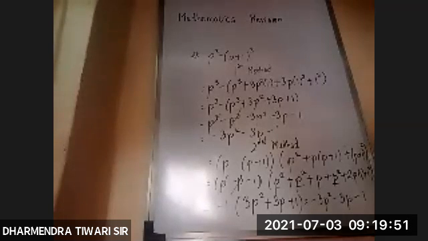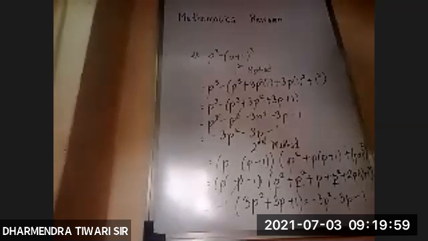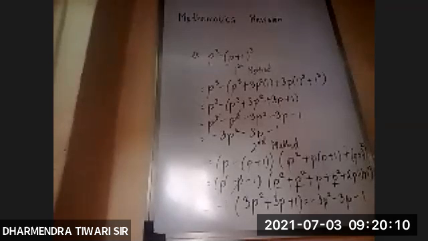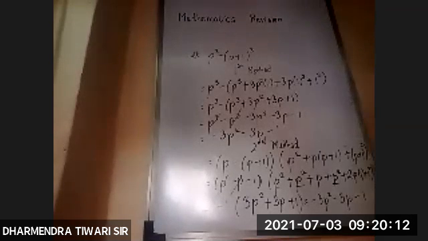First, we'll be taking simple examples so that you can understand. After that, a bit more difficult, we can get through that type of problem. So let's start with that.